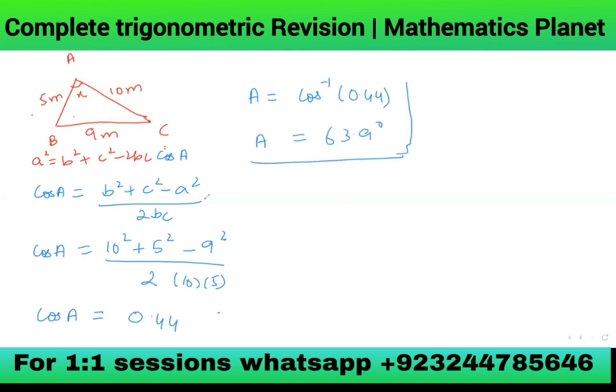Now we are going to come to the last point that we have learned, and that was the area of the triangle. It's 41 degrees, 5 meters, 8 meters, and here it is C. Find the area of the triangle.